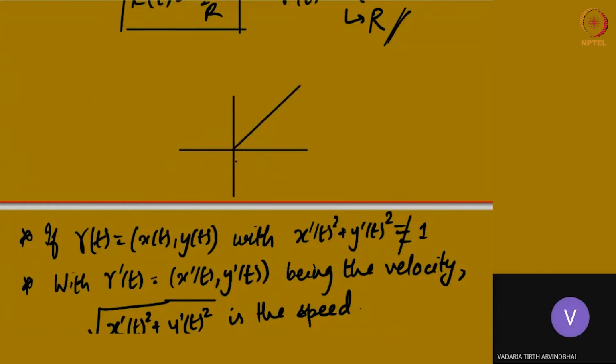For example, in this case, how will you find the distance from 0, 0 to, let's say, 1, 1? This is my curve. So how will you compute the distance traveled?